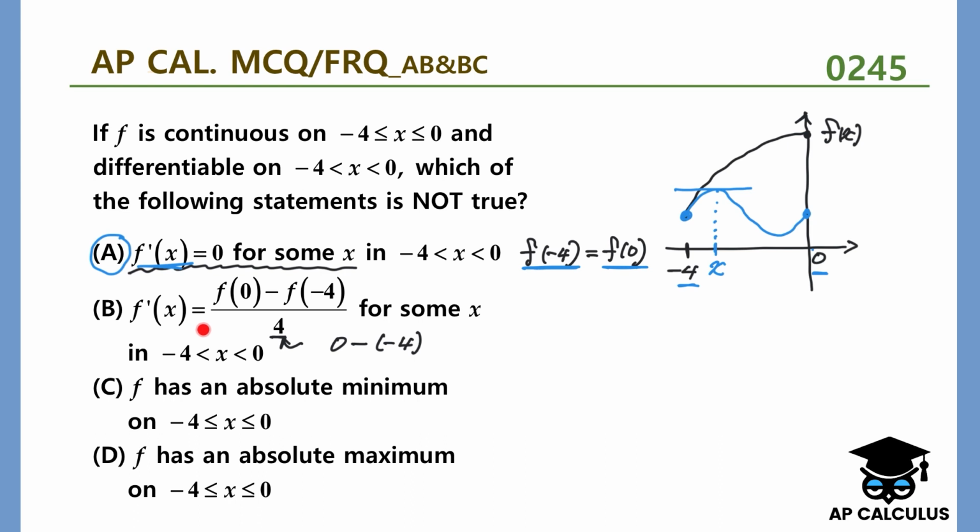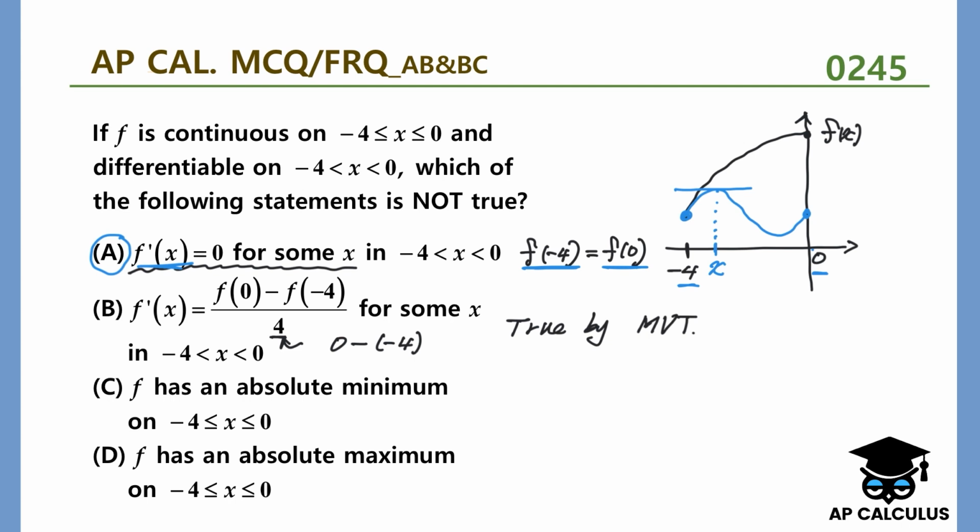That is equal to f prime, the instantaneous rate, the slope of the tangent line. Well, this is true by the mean value theorem. The conditions for the mean value theorem, remember, are that it has to be continuous on the closed interval and differentiable on the open interval, right? So since f is continuous and differentiable on this interval, this is true by the mean value theorem, all right?